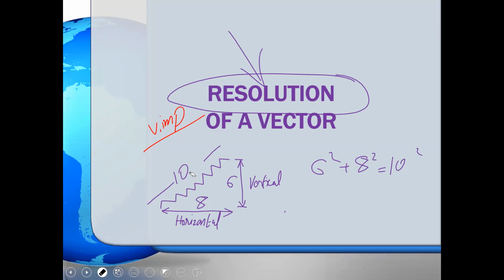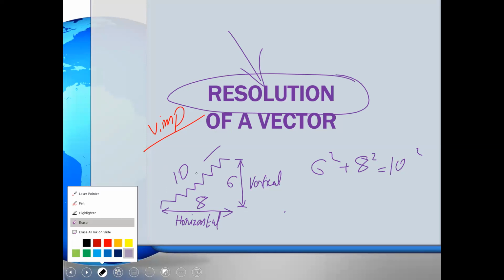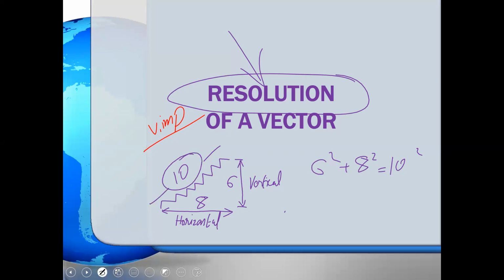If you travel 8 meters horizontally and 6 meters vertically, you actually travel 10 meters on the slope. This is called resolution of a vector.